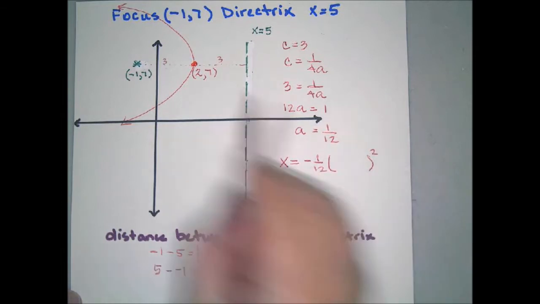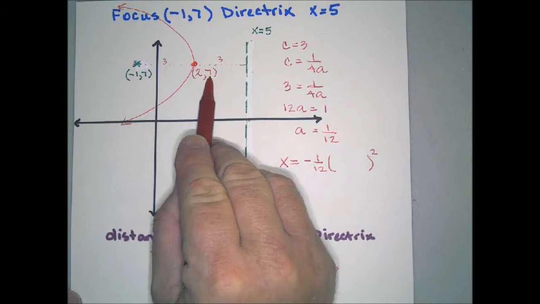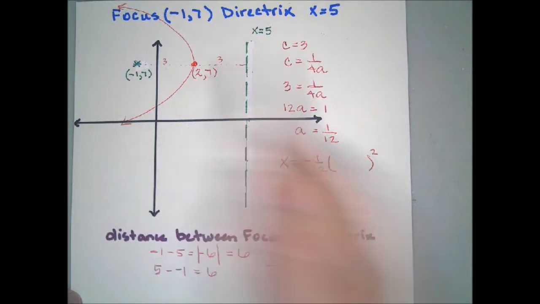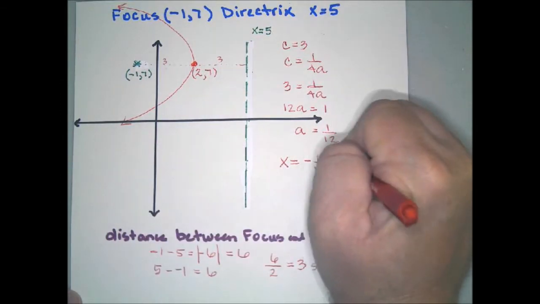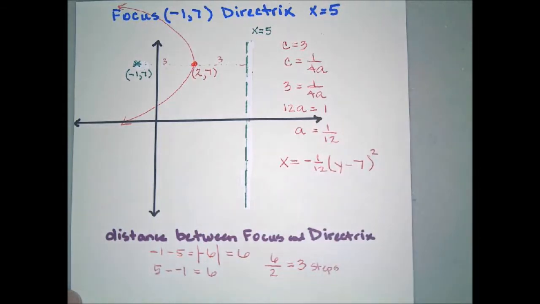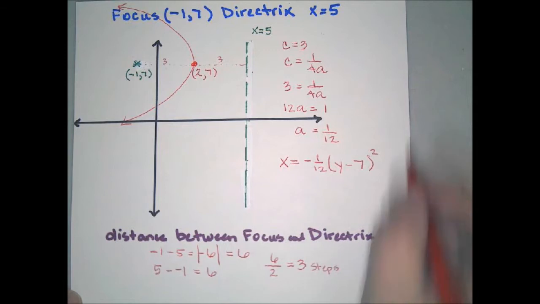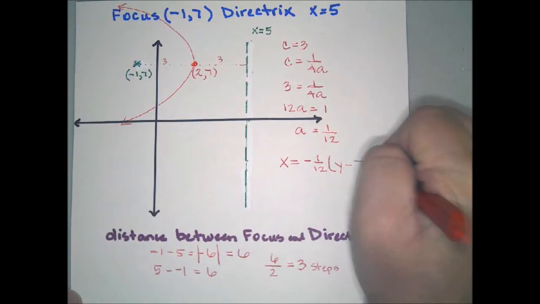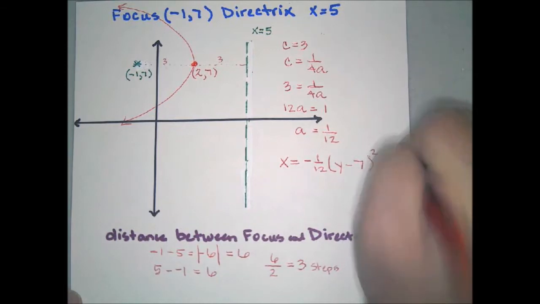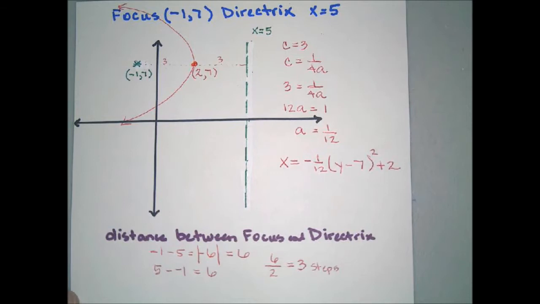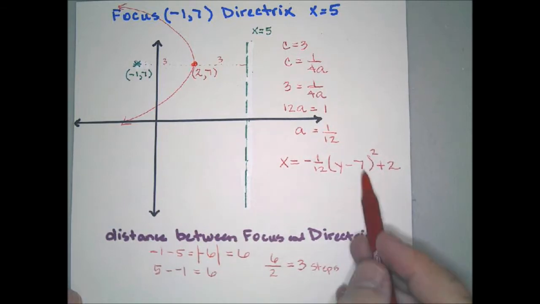Well, in order to have a y coordinate of 7 in the vertex, this would have to be y minus 7. Because remember, it's always opposite in here, and it's the same as out here. So I'm going to put plus 2. And that's the equation of this parabola.